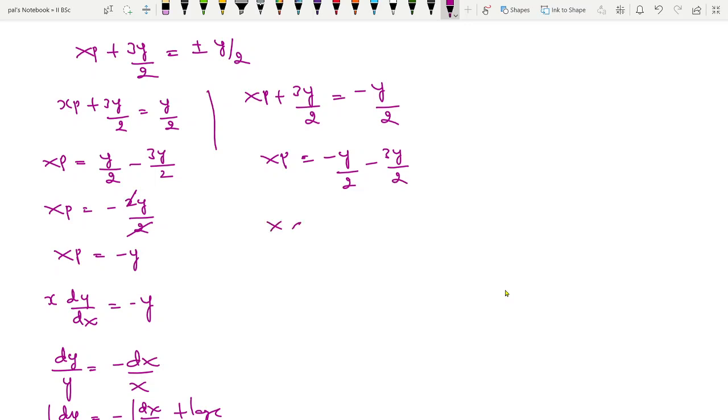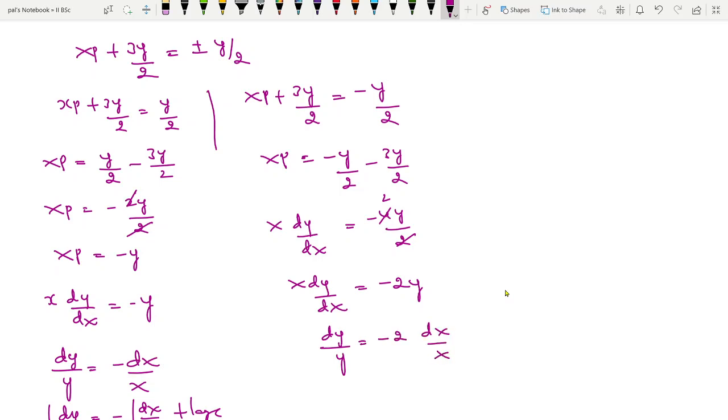So x into p, which is dy by dx, is equal to minus 4y divided by 2, and 2 twos are 2 ones. So x into dy by dx is equal to minus 2y. So dy by y is equal to minus 2 into dx by x.